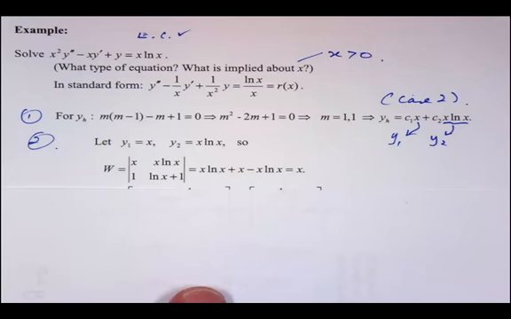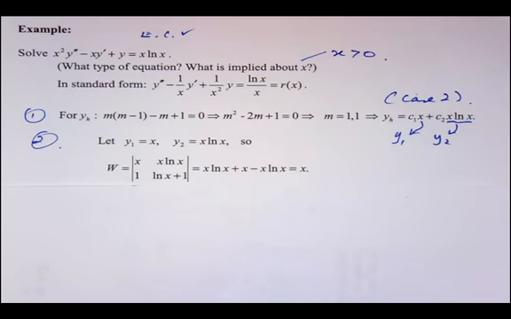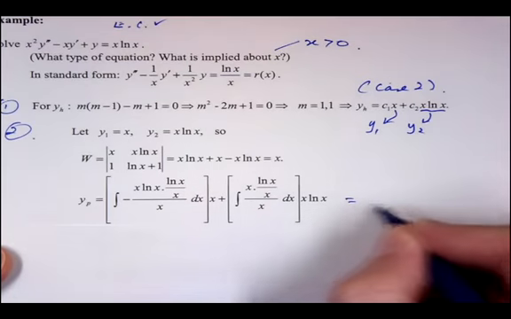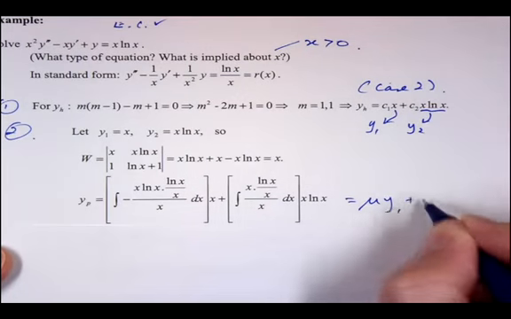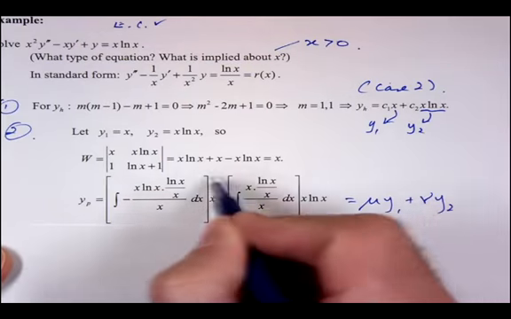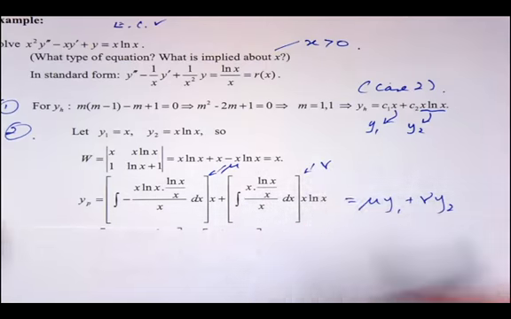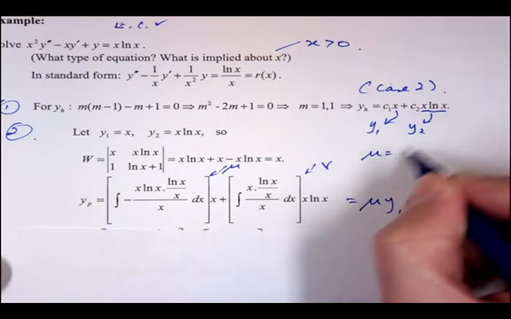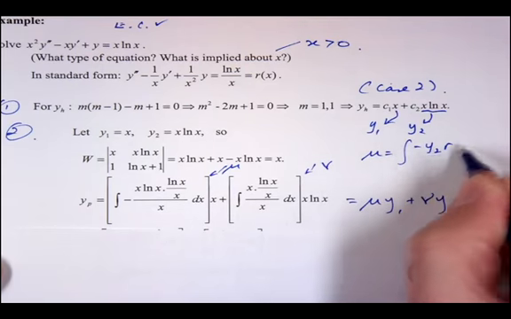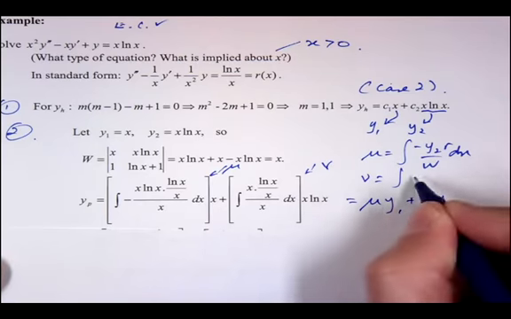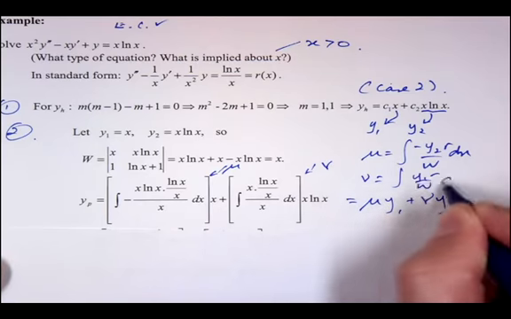Okay, so what's the next stage? The next stage is to build the particular solution out of all of the bits and pieces. One way to do it is in this form, which, remember, this is mu y1 plus nu y2, and that is the formula for mu, and that's the formula for nu, because mu was the integral of minus y2 r over w dx, and nu was the integral of y1 r over w dx.